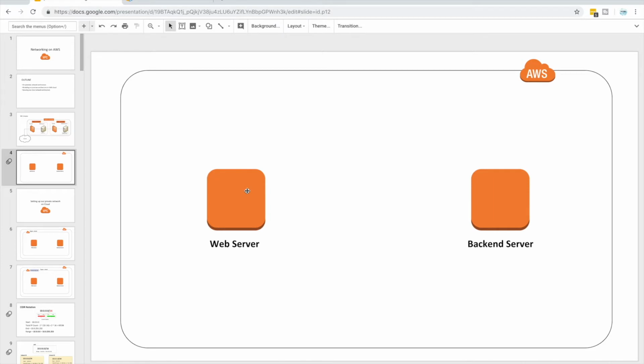So if you do not specify a particular network or VPC, AWS will put them into a default VPC, creating a public subnet in that VPC and putting these EC2 instances there. But we are going to create our own VPC, create our subnets, set up our network, and then place our EC2 instances in the network.